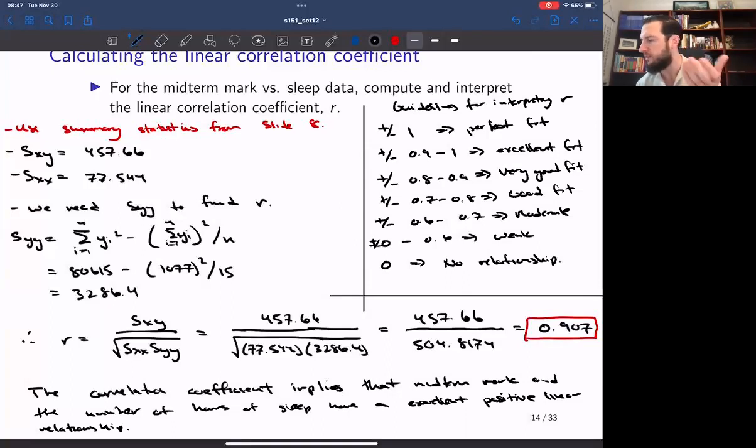But the point is, as you get closer to 0, the relationship fades to the point where there isn't really any relationship at all. And as you get closer to 1, the strength of the relationship grows, where 1, either positive or negative in magnitude, indicates perfect relationships between X and Y. So they basically fit exactly on the line.